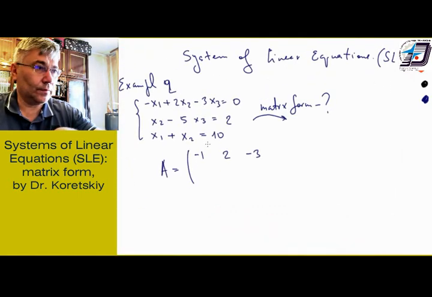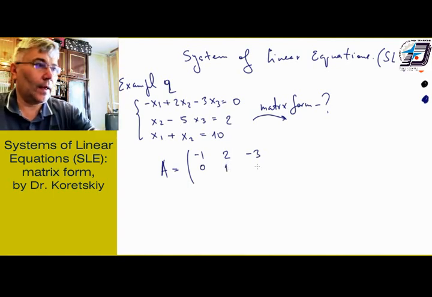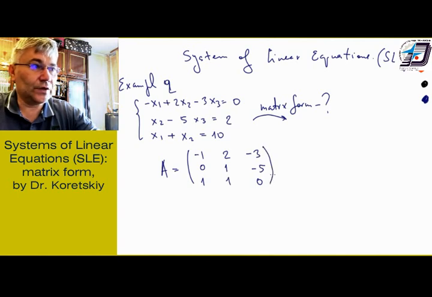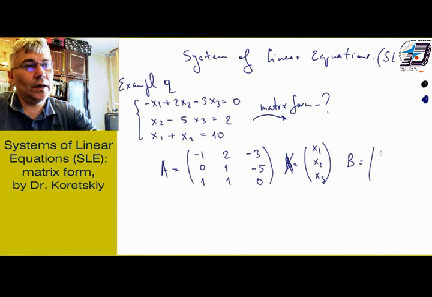Yes, somebody who knows or guessed that it is 0, it's true. It's 0, because 0 times x1 gives nothing. Then 1, minus 5, and in the last row 1, 1 and 0 for x3. So this is matrix A, matrix X equal x1, x2, x3, and matrix B equal 0, 2, 10.